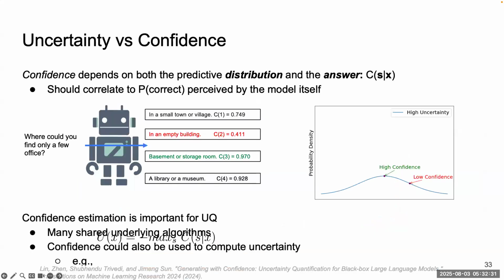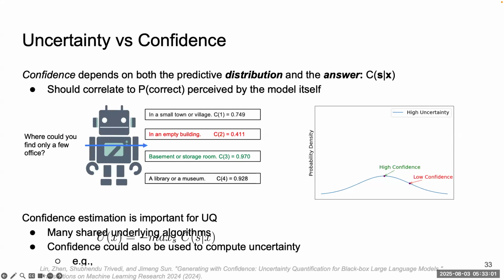But if you're quantifying confidence, it depends both on the predictive distribution and on the answer itself as well. We can think of it by looking at this graph on the right. The peak represents the most likely answer, and high confidence would typically be associated with the very top of that peak, and low confidence would be further down the slope.